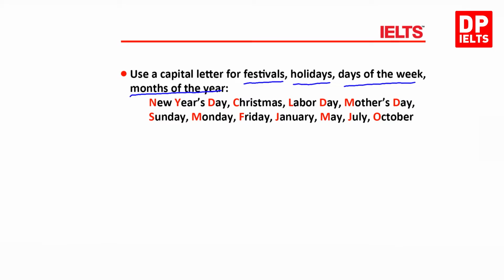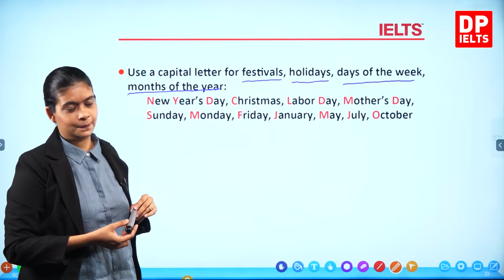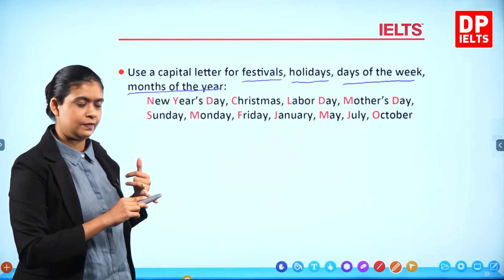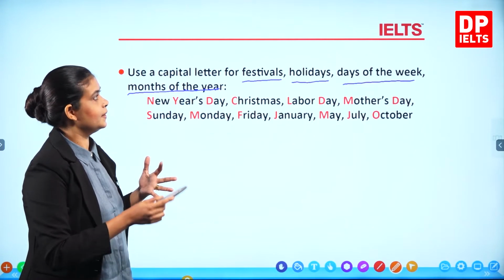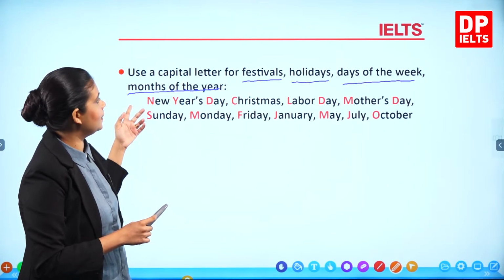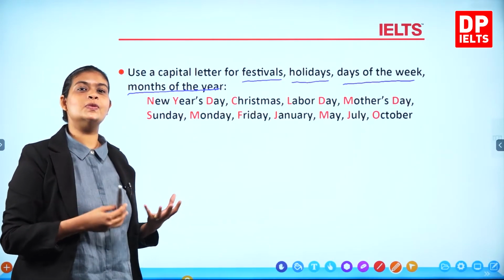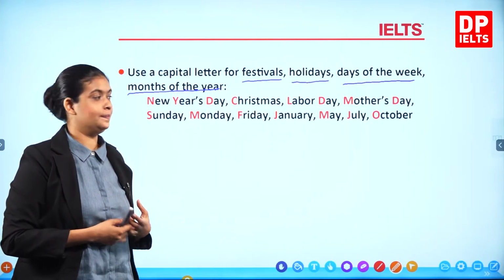The names of festivals, special holidays, days of the week, and months are also special names, so when writing them the first letter must be a capital letter. So, there are 4 purposes: festivals, holidays, days of the week, and months of the year. All of those we use the capital letters.